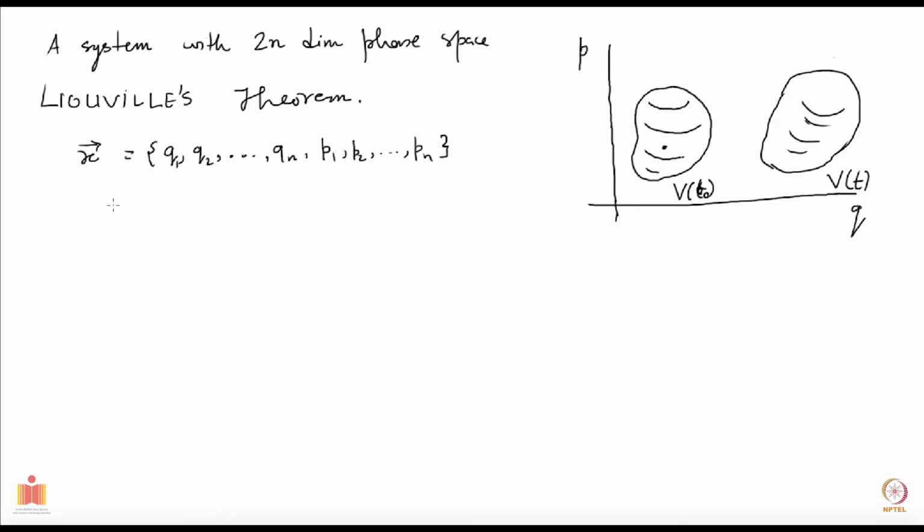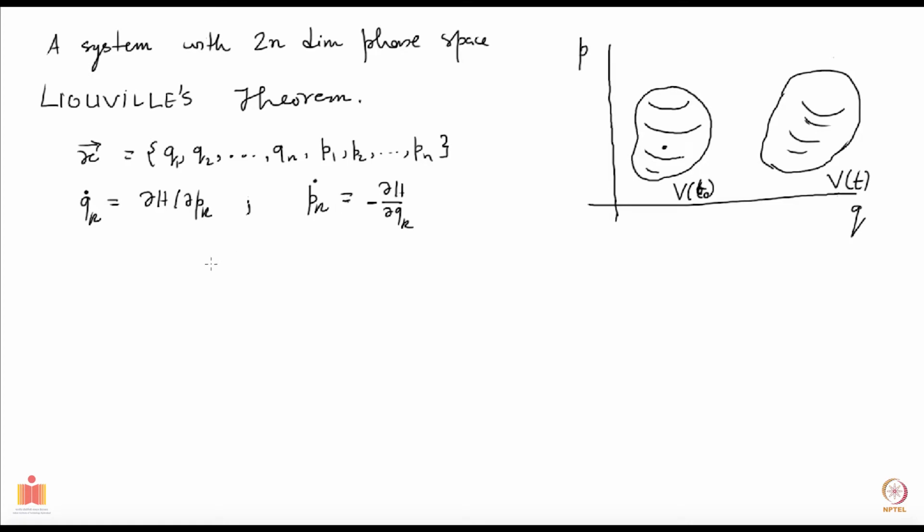Then I also have my Hamilton's equations, which let me write down. qk dot is ∂H/∂pk, and pk dot is ∂H/∂qk, and if I am differentiating H with q, I remember that there is a minus sign here.